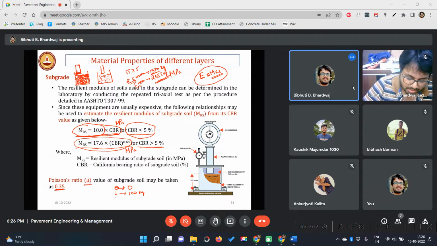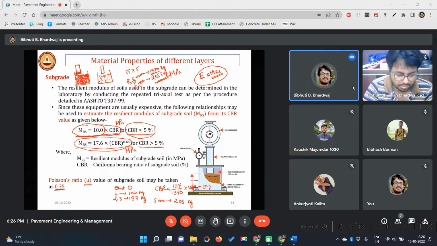For 2.5 mm, suppose you need 137 kg. For 5 mm, you require say 205 kg, like that. So you will say that the CBR value of this soil is 137 by 1370 into 100, which is 10%. It is always compared with the standard values. So the standard values were these.